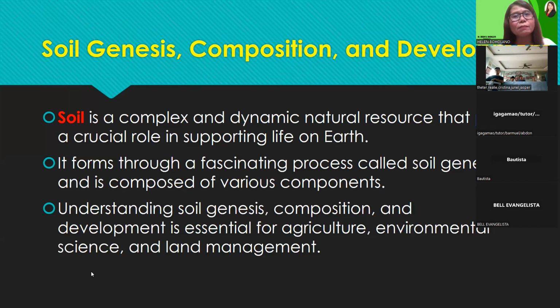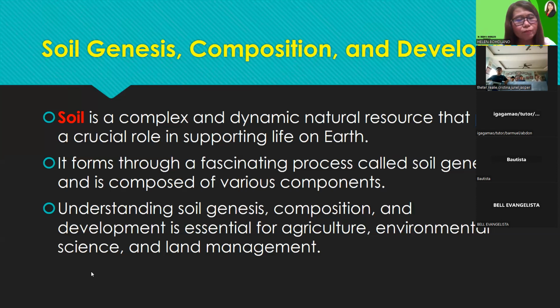There are so many lime soils in Bohol, and these are used for pottery projects. So it depends on what kind of crops or fruits or vegetables will grow in a specific soil. It forms through a fascinating process called soil genesis and is composed of various components.